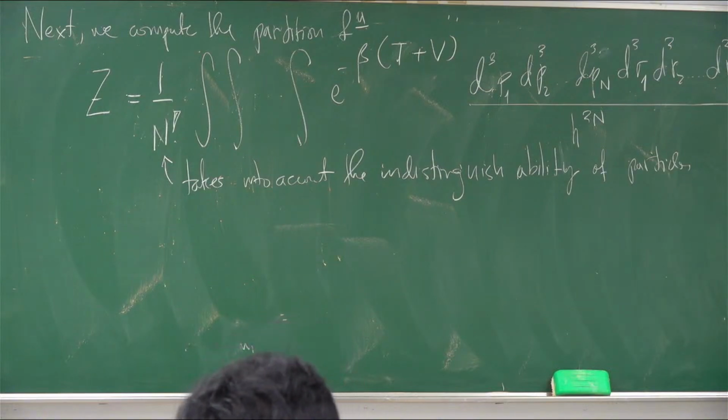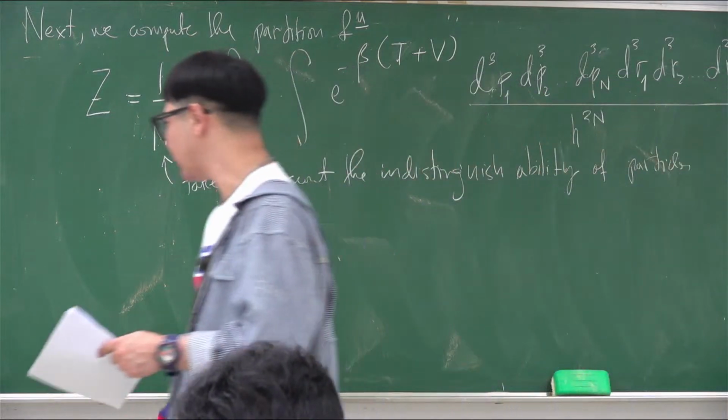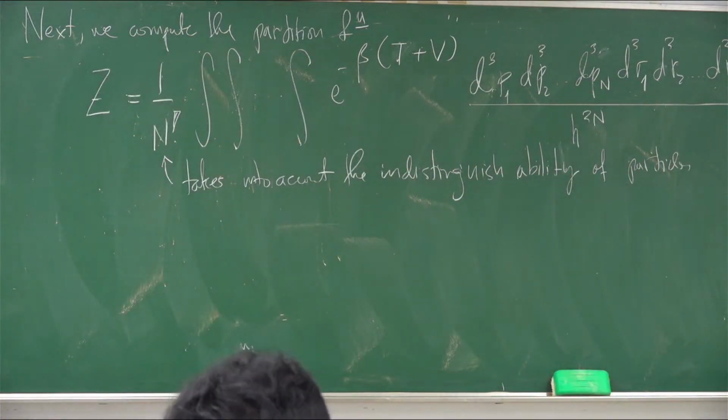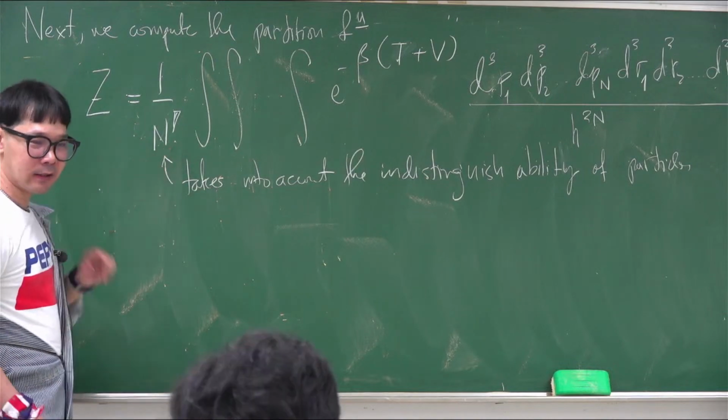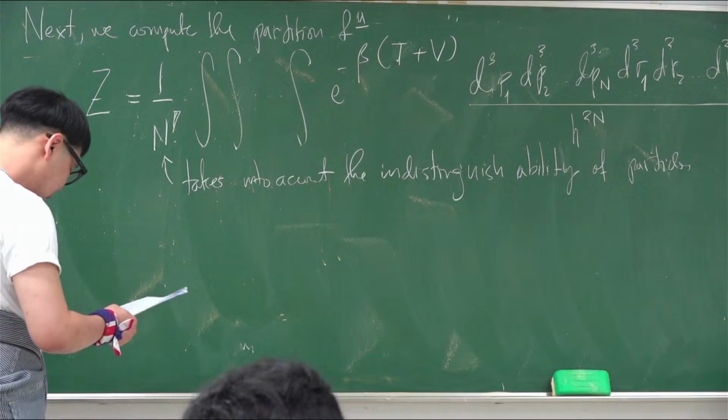Then you cannot see the difference between this kind of group of particles. They are all the same, right? And that is the reason why we have to take this factor into account.